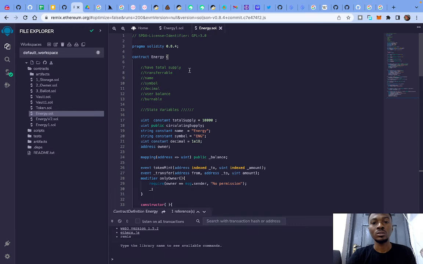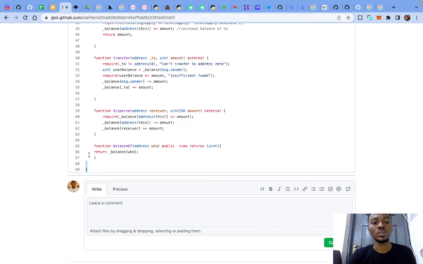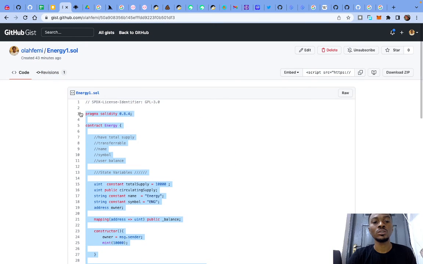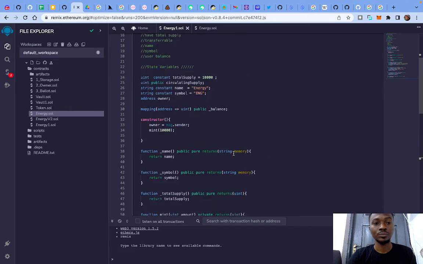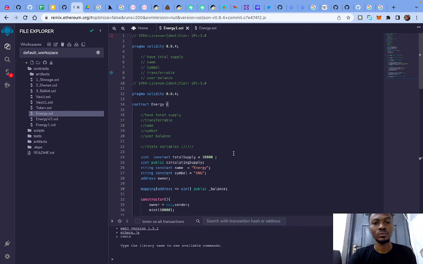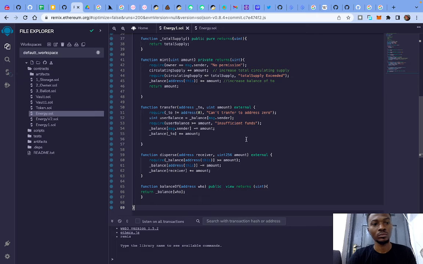So let's try to deploy and test our contracts. Let me just copy that code. So, deployer, compiler, Remix IDE. So we are going to deploy.